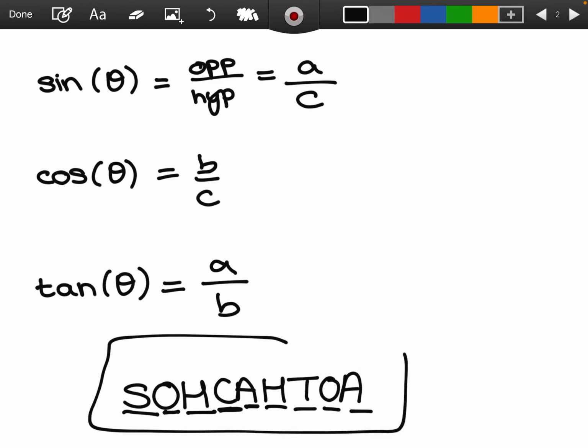So as long as you remember this mnemonic, SOHCAHTOA, then you can go ahead and find sine, cosine and tangent of the angle.